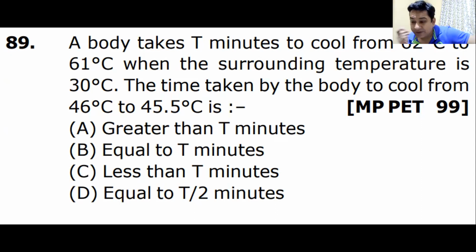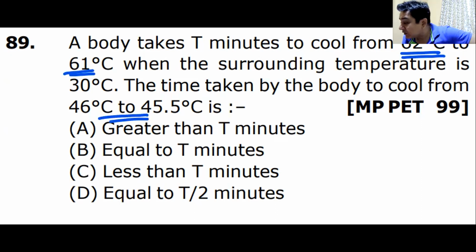One of the options is definitely wrong. Which one of the options is definitely wrong? Or are any options wrong? Remember, here the fall in temperature is 1 degree. Here the fall in temperature is half a degree. So that is the difference.